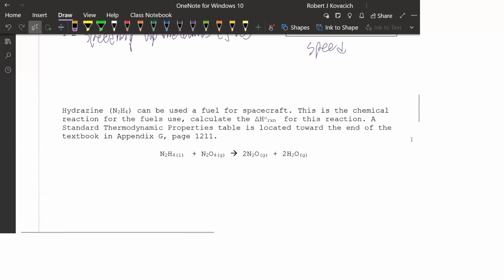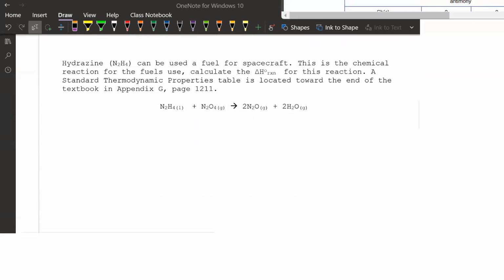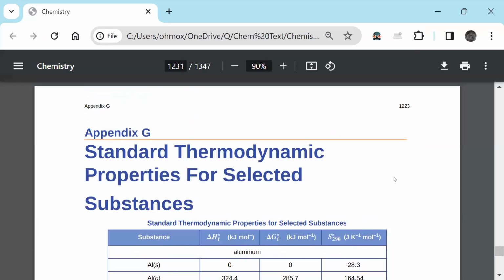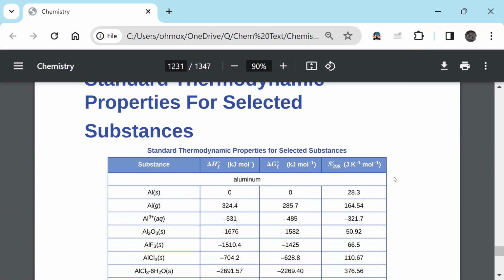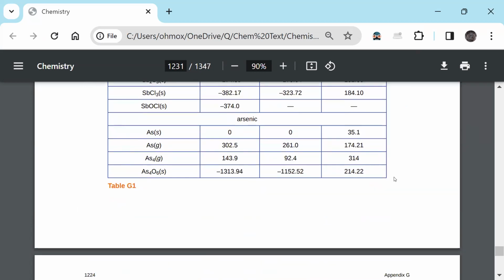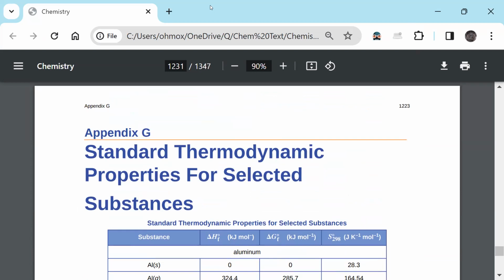All right. So we want to do a heats of formation calculation here. And I wanted you to use this Appendix G. So here's Appendix G. Depending on which book you've got, it's either on 1211 or 1223. And so we would need to go through this and find these different substances and find their values.